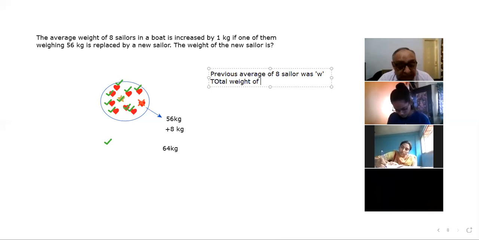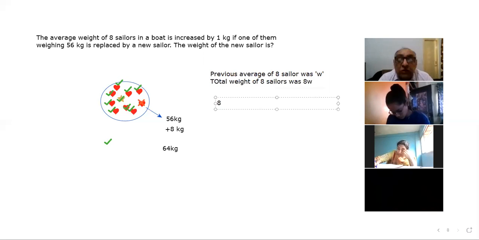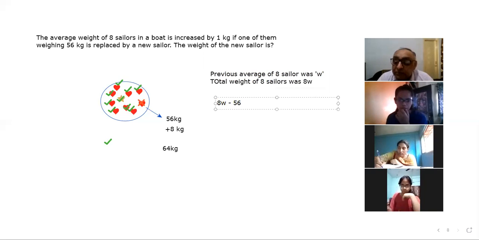Total weight of 8 sailors was 8W. That was the total weight of 8 sailors, 8W. Now from 8W we removed one person of 56 kg. Clear point?